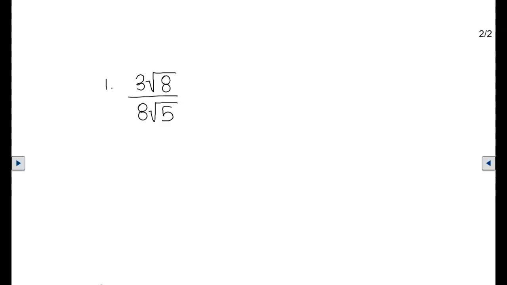Now, you would think that since we can't divide, this problem would just be over. But one of the rules for square roots is that you can't have a square root in a denominator, which remember is the bottom of the fraction.